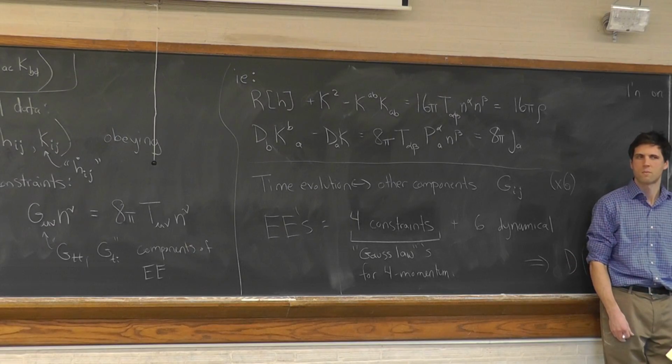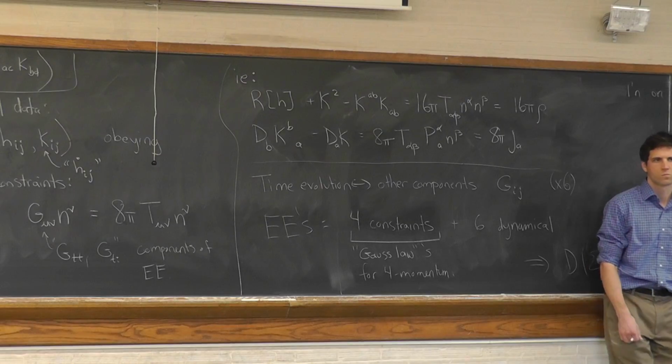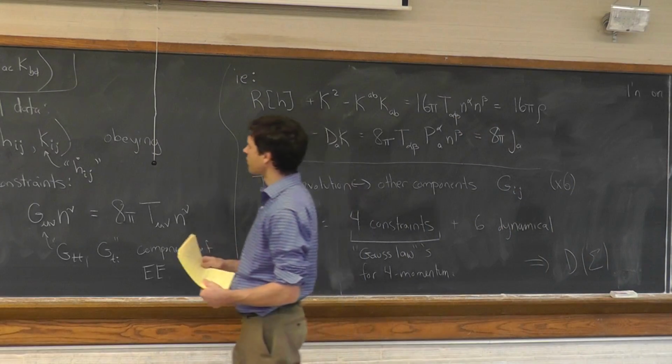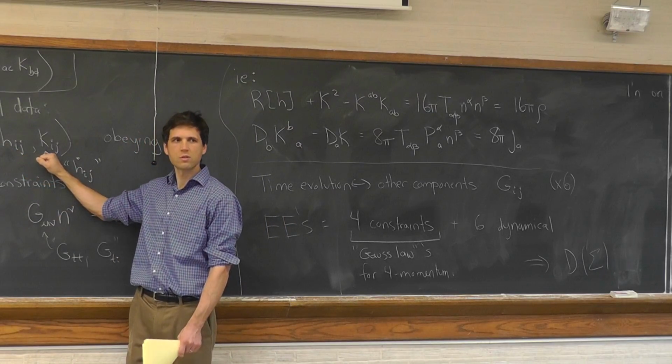Why is the non-appearance of a second time derivative good enough to say that something is non-dynamical? Well, it's basically because we think of the initial data as the field and its first derivative.